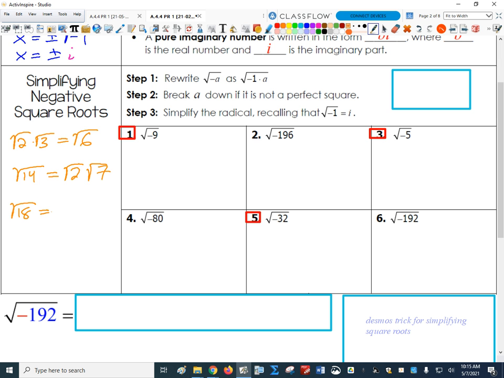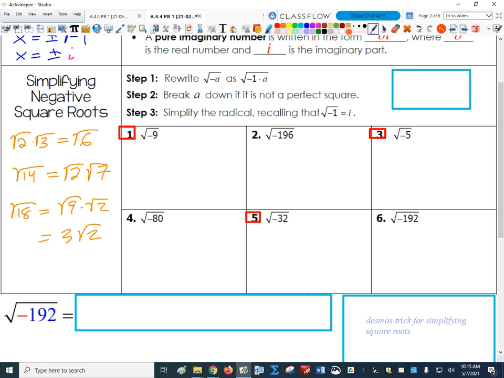What would I probably want to break that one into? I could do 6 and 3. What might even be a better idea, though, if I wanted to simplify this? How about 9 and 2? Square root of 9 times square root of 2. And the reason being, because if we were doing couples go out, singles stay in, I'd get a couple of 3s out of that 9, right? So then that ends up being 3 times the square root of 2.